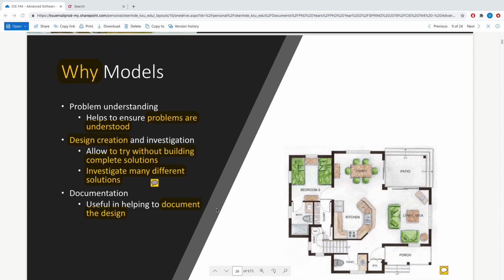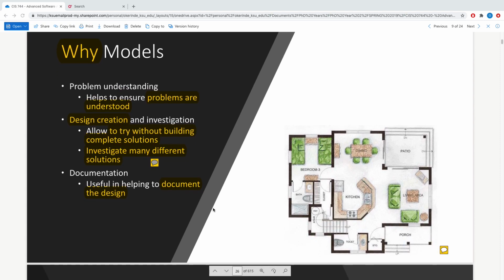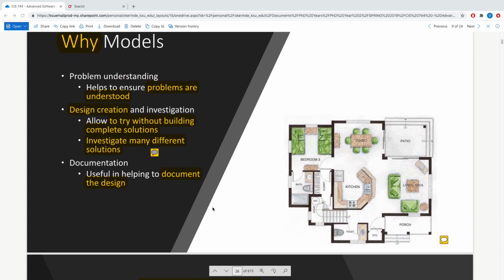So why models? It's essential for problem understanding. It helps us to understand the problem at a deeper level so that we know what we are really dealing with. Two, it assists in design creation and investigation.